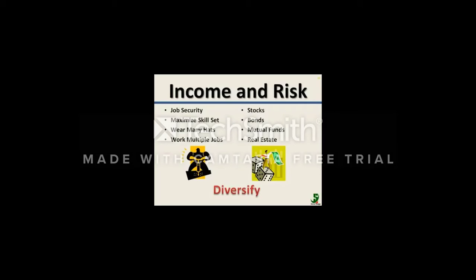Sometimes we pick winners and sometimes we pick losers. How can we minimize the risk to our income sources? Diversifying or spreading our risk is probably the best way. By not putting all of our eggs in any one basket, we minimize the risk to significant sources of our income. We diversify our labor by learning as many skills as possible instead of just being really good at one thing.